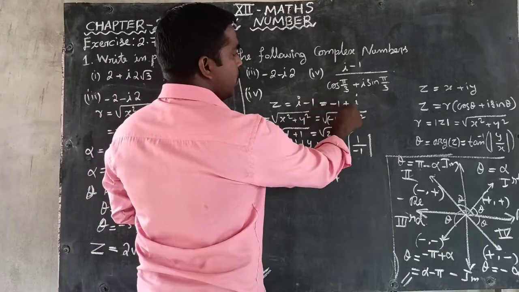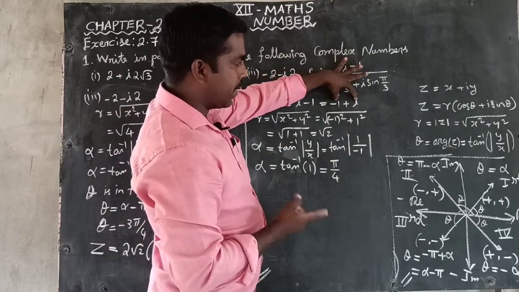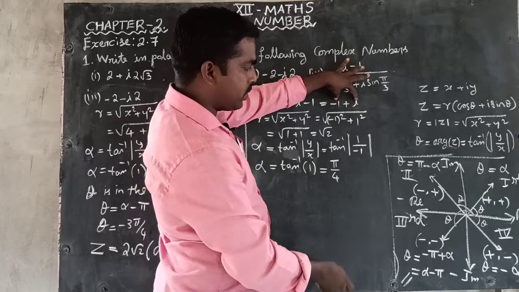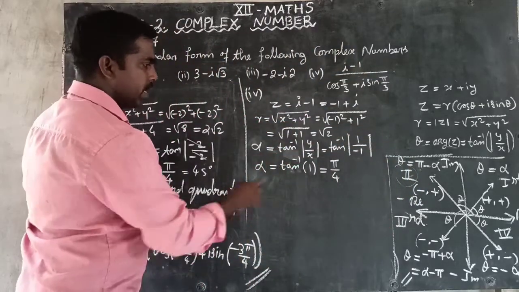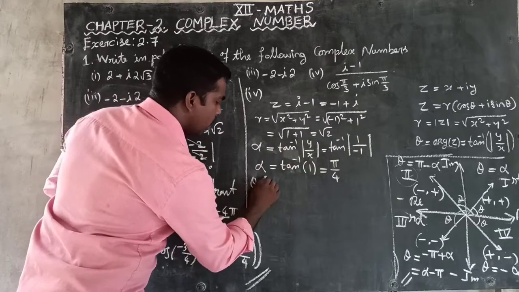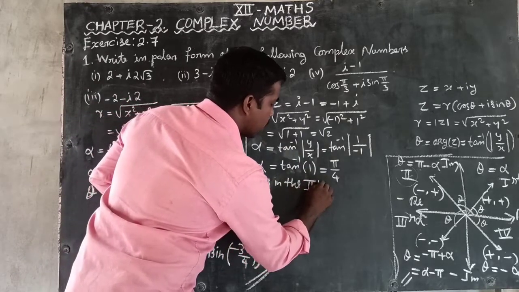Here x is negative, y is positive. So minus plus, theta is in the second quadrant. So we can conclude that theta is in the second quadrant.